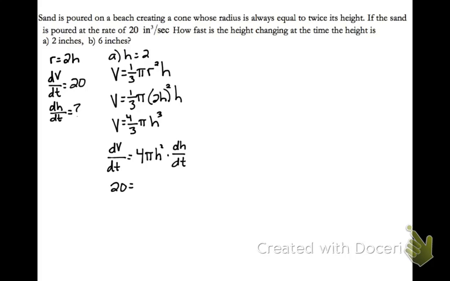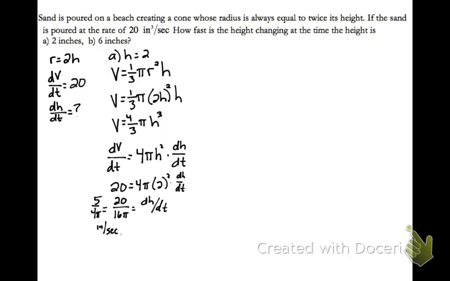That will be equal to 4 pi, the height in our first case is 2 squared, times dH/dt. When I solve for dH/dt, that'll be what? 20/16 pi is dH/dt. Or if we simplify it just a bit, dividing that by 4, this will be 5/4 pi dH/dt, and the units on this would be inches per second.